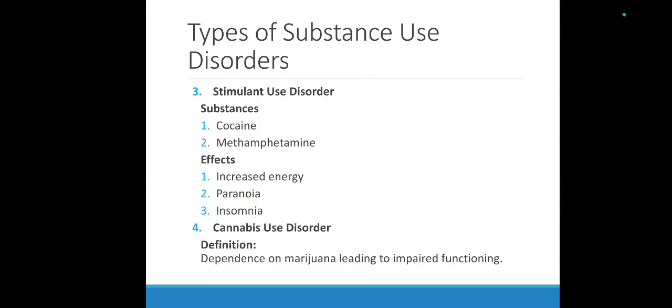Now, another is stimulant use disorders, with substances such as cocaine and methamphetamine. The effects may include increased energy, paranoia, and insomnia. For cannabis or marijuana, it is dependence on marijuana leading to impaired functioning. However, marijuana actually is a medicinal plant.